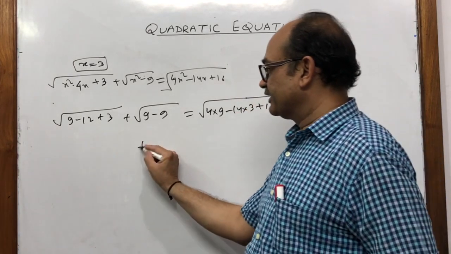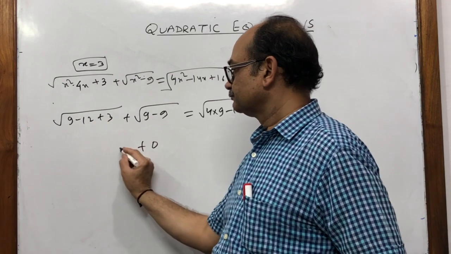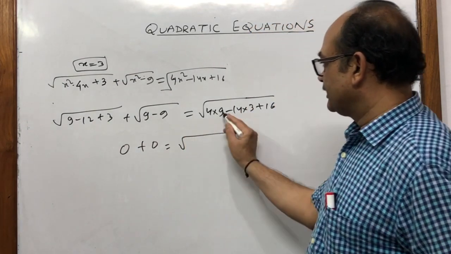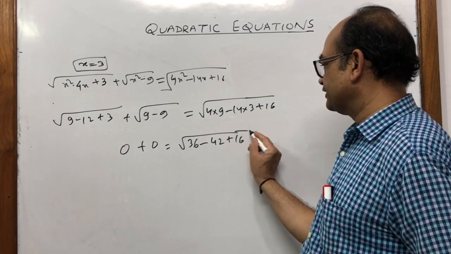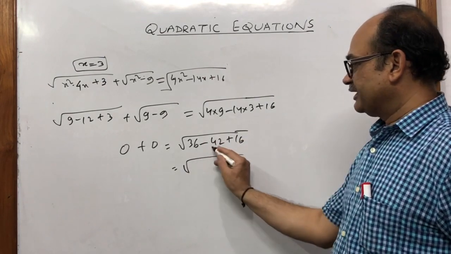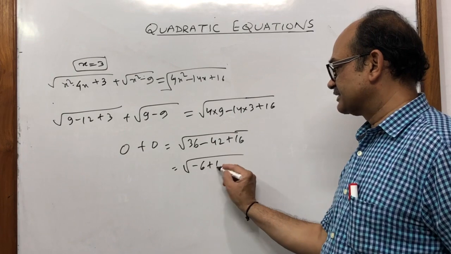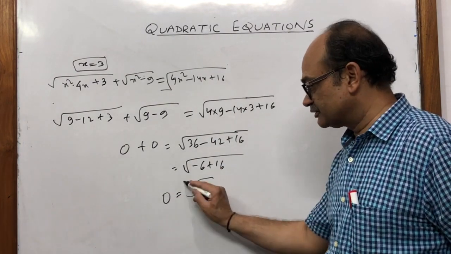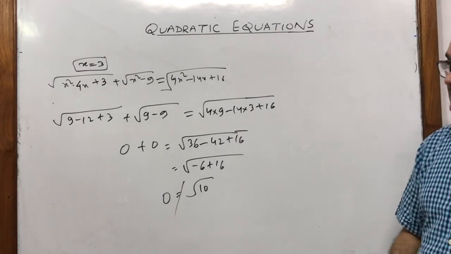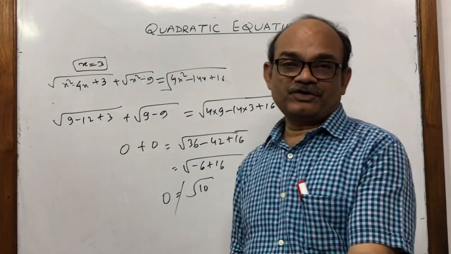Now what are we getting here? 0, and on the right hand side 36, 42 and 16, minus 6 plus 16, that is 10, but this side is 0, so it is not an answer. 3 is not a correct root of the given equation.